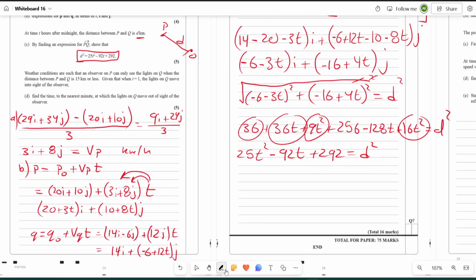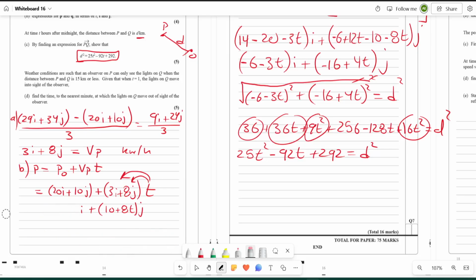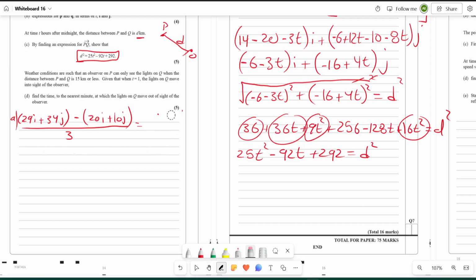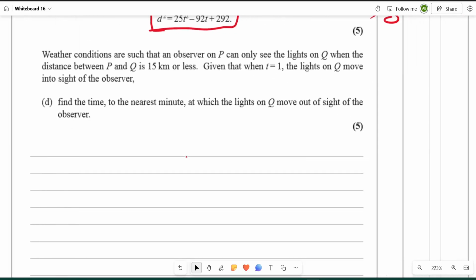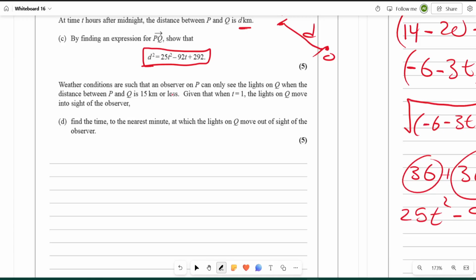So what we can do now is erase this, and we can solve over here. Part C says weather conditions are such that an observer on P can only see the lights on Q when the distance between P and Q is 15 kilometers or less.